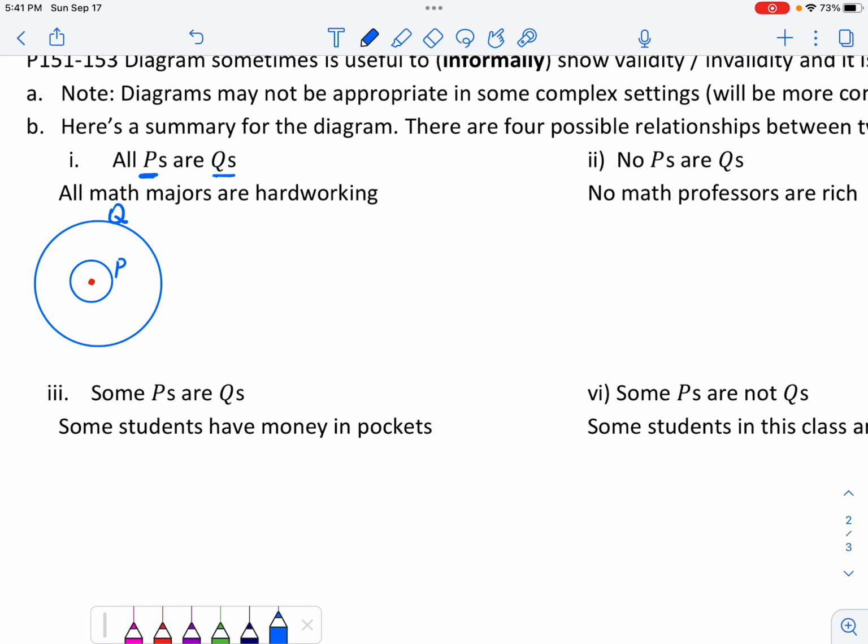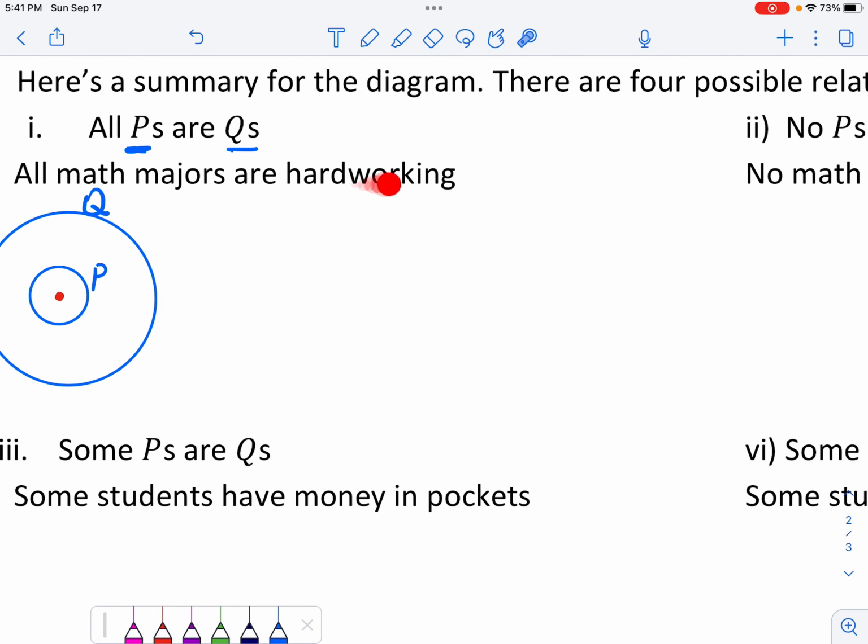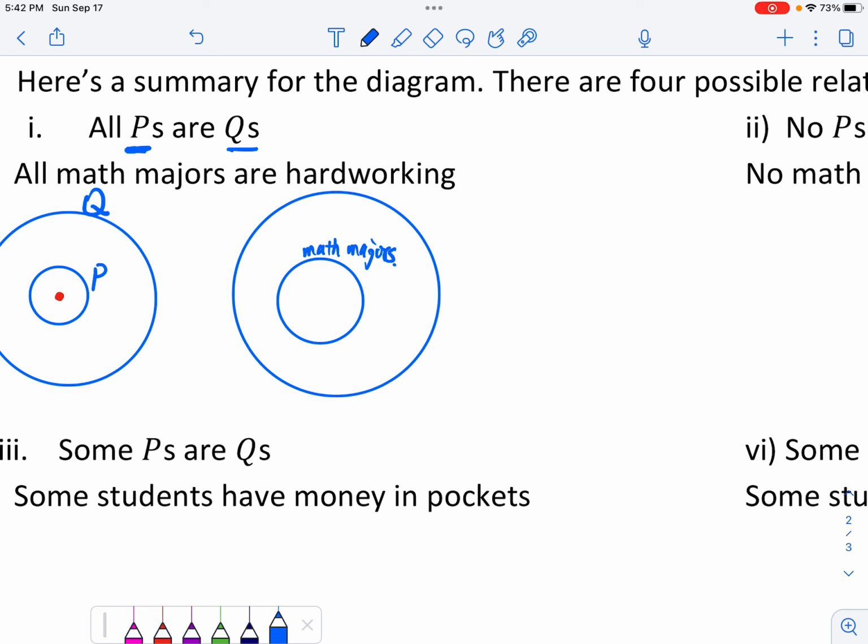So this is the first one. And of course, if I want to graph this particular statement using a diagram, I'll say P is the math majors, like all students with math majors, and Q represents another set of hardworking people.